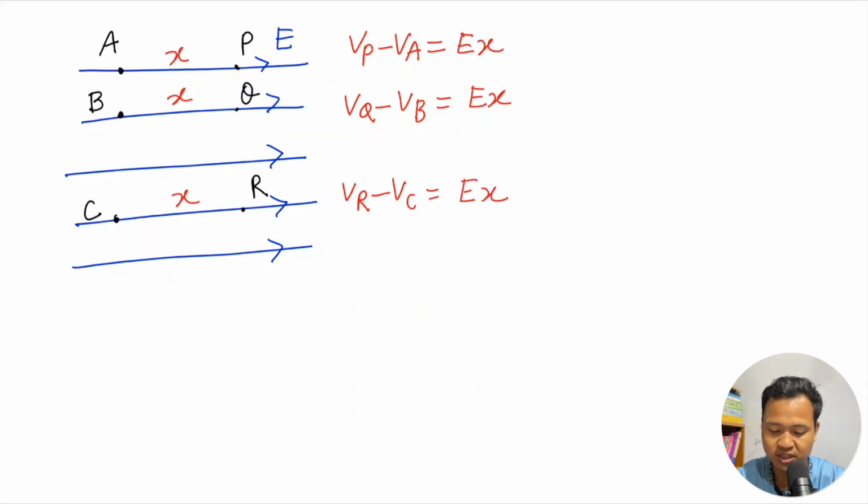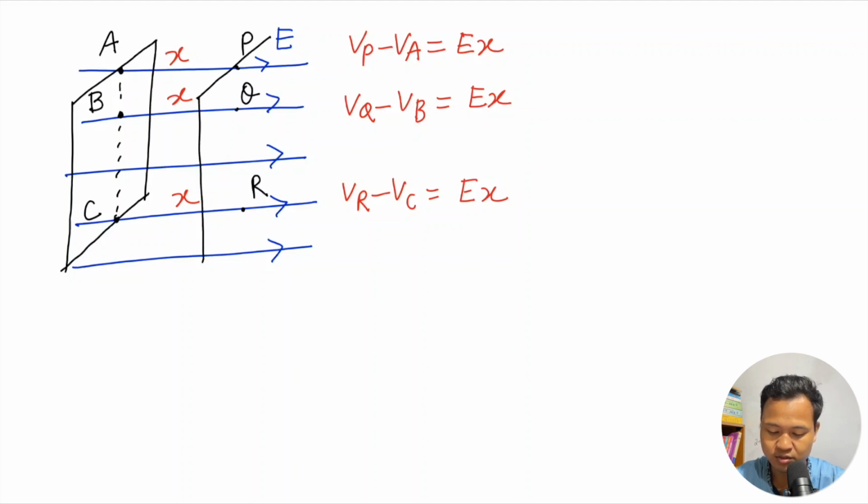The potential differences are the same. If you draw a surface here, it will be like this. Points A, B, C lie on the same surface. Similarly, points P, Q, R also lie on the same surface.